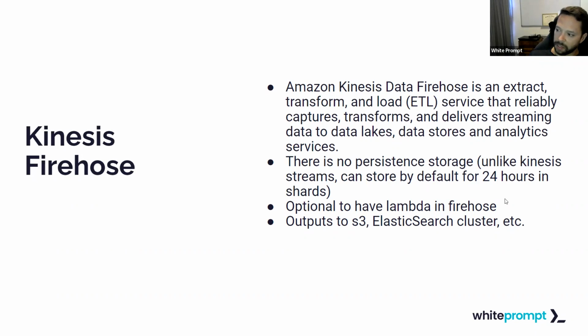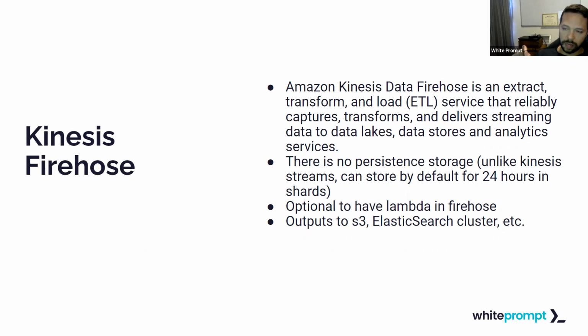It has another neat feature, which is you can put a Lambda if you want to do more complex transformations while the data is being fed live. Firehose also integrates very well with other AWS services. So for example, when you're setting up the Firehose, you can land data directly to S3 buckets, Elasticsearch clusters, and many other services.